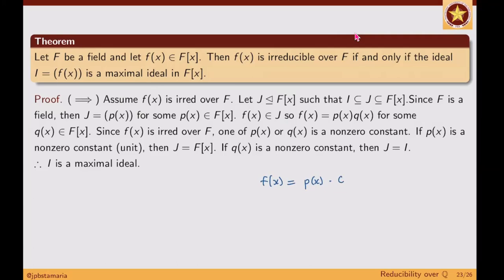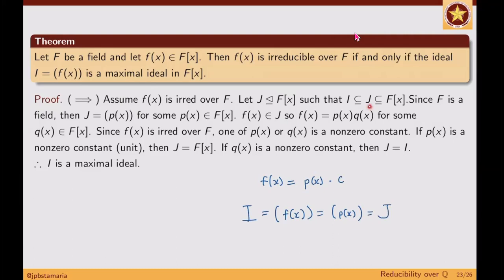That means to say, what? Yung ma-generate ni F of X ay ma-generate lang din ni P of X. Parehas lang sila ma-generate kasi they only differ by a factor of a constant, which is a unit 1. Therefore, parehas yung I tsaka yung J. Kaya nga ano nangyari?